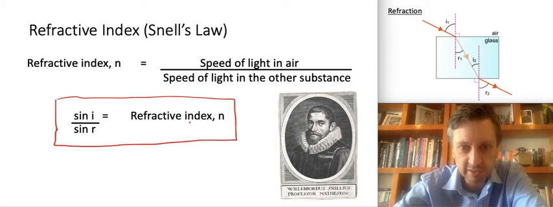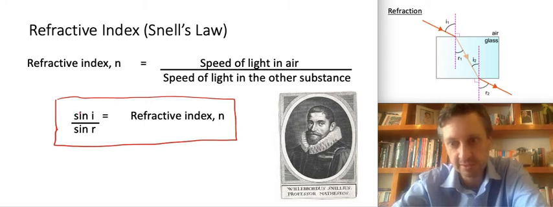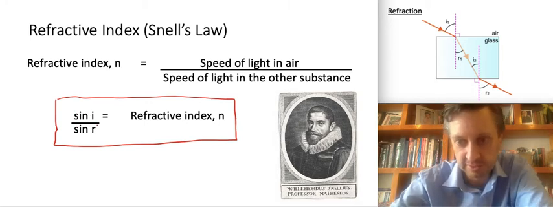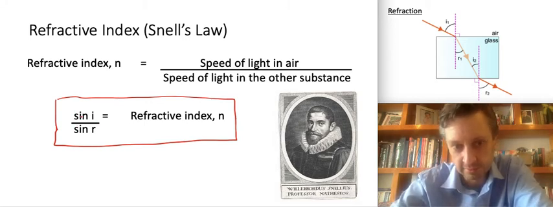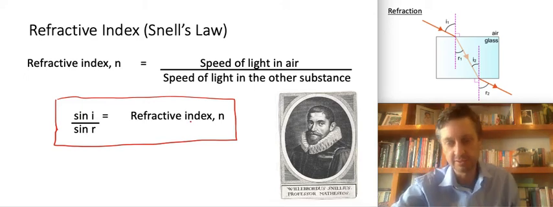If you're just being asked to calculate refractive index, they'll give you I and R, and you just plug in the sine of I and the sine of R into your calculator, divide one by the other, and you get the refractive index.